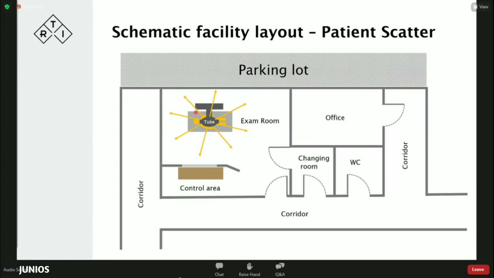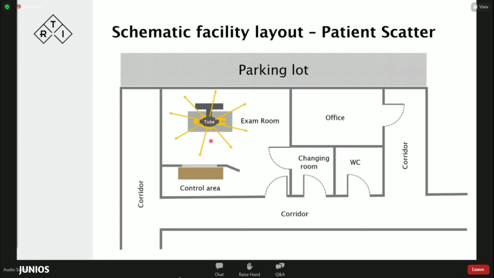This scatter radiation is normally of special concern in fluoroscopy procedures, because for those of you who might have seen how these fluoroscopy machines are used for vascular or surgery procedures, you normally would have different people standing here next to the table.